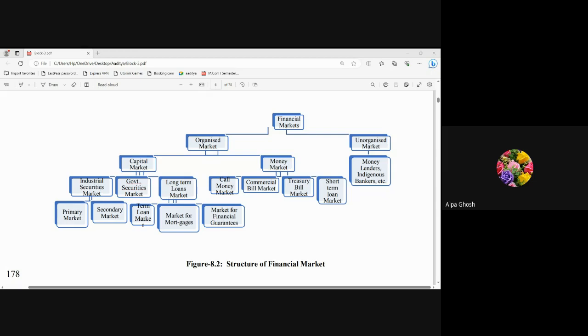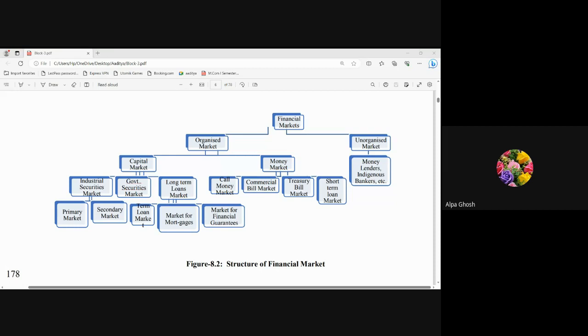You are in a position to pay the interest for the borrowed funds. So when we talk about this organized market, we have capital market and money market. The funds are available and invested for long term and short term.